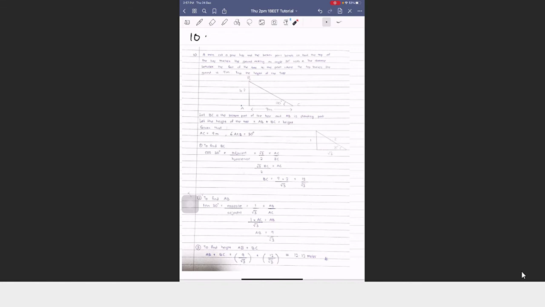Okay, so that is the height of the tree. So that means you are to find height is AB plus BC. So that's what you want.